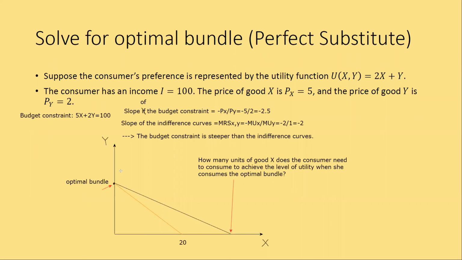So let's see. This is 50. So when she consumes 0 units of good X and 50 units of good Y, her level of utility is U(0, 50). And if we substitute into our utility function, this is 2 times 0 plus 50, which equals 50. This is the level of utility when she consumes the optimal bundle, which is 0 and 50.